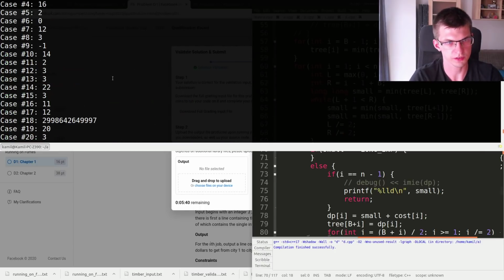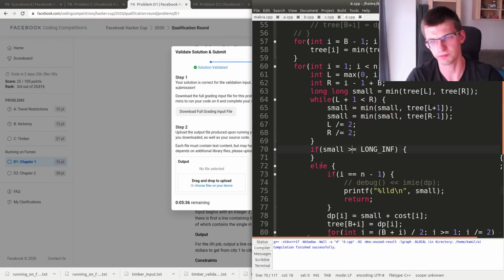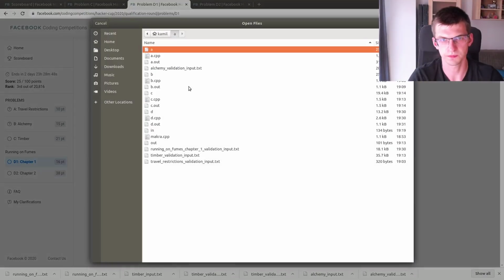Sometimes when it runs slow, it means that I compiled some different way with debugging flags.